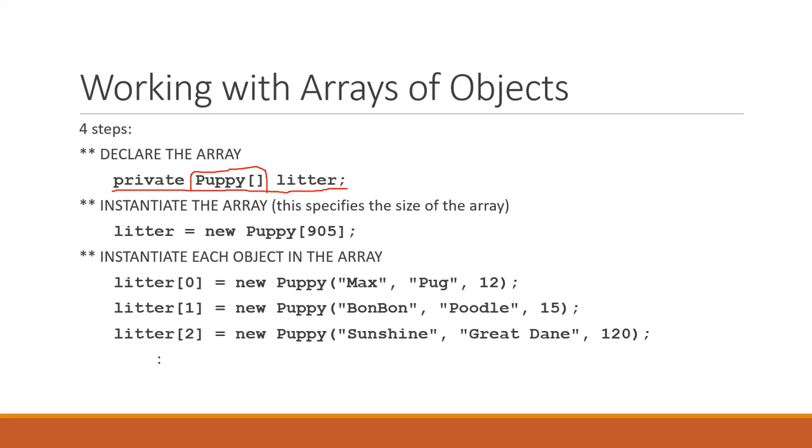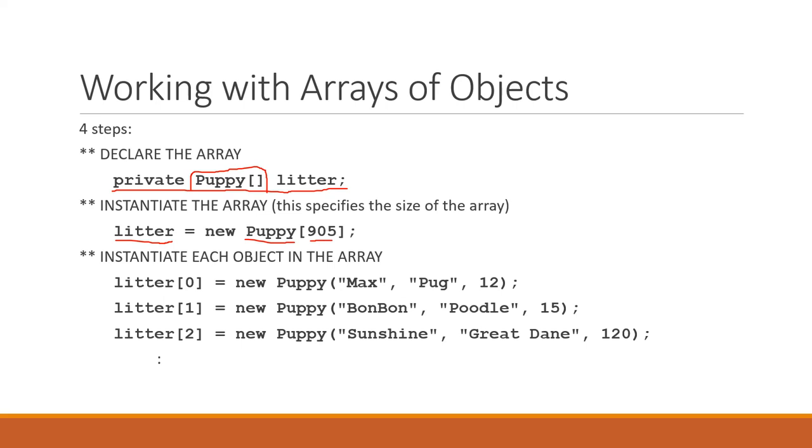Okay, now once we've declared the array, to instantiate the array, we give the name of the array with no brackets, equals new, the class it comes from, but then we have a square bracket after the class name instead of a parenthesis. And inside the square brackets, we specify the number of elements that we want.